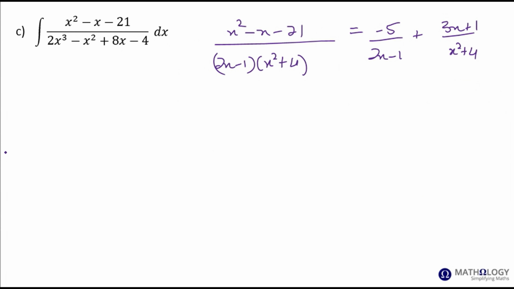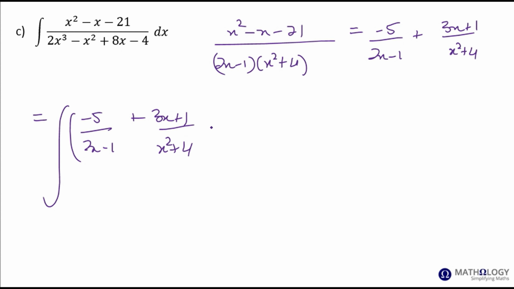Okay, we can now integrate this expression. So we'll have the integral of minus 5 over 2x minus 1 plus 3x plus 1 over x squared plus 4 dx. Again, we can split this into two separate integrals.